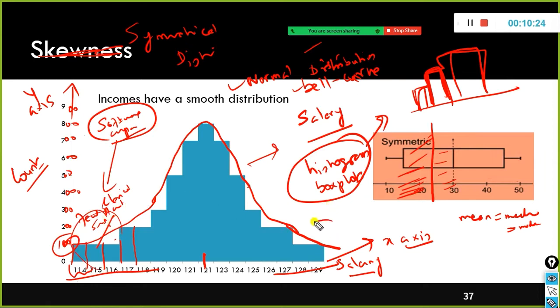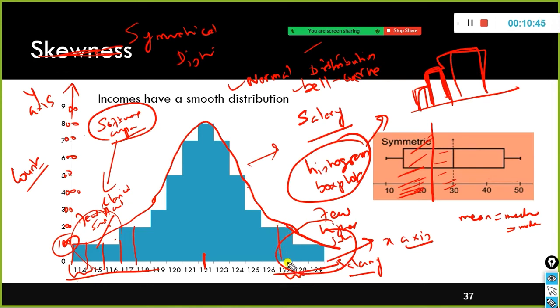On the other end, in this tail, only a few people are getting lesser salary, and only a few people are getting higher salary. See here, 1,27,000 to 1,28,000.